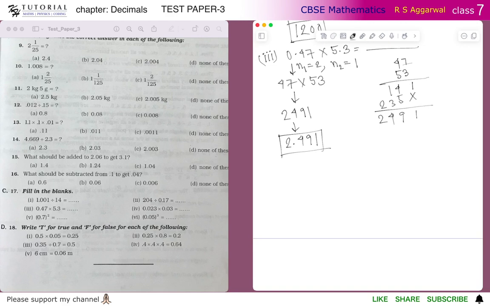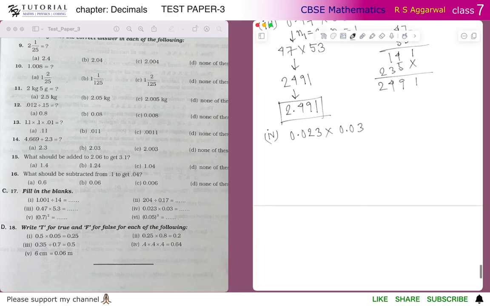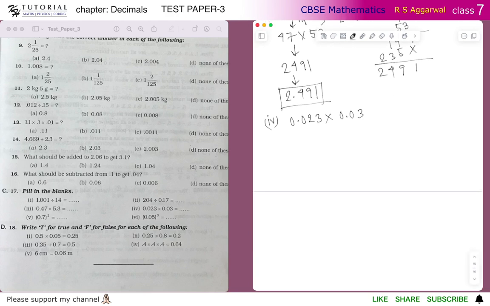Okay, so 4 says 0.023 multiplied by 0.03. So we note down the decimal places of the first decimal number is 3 and the decimal places of the second decimal number is 2.